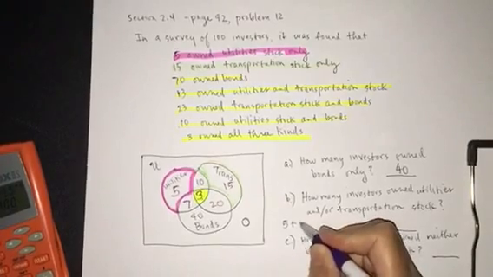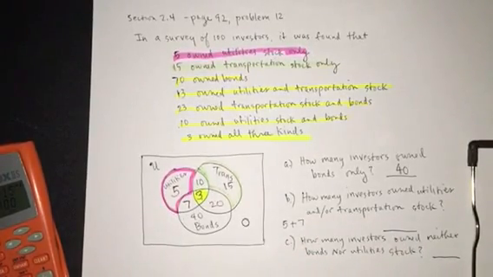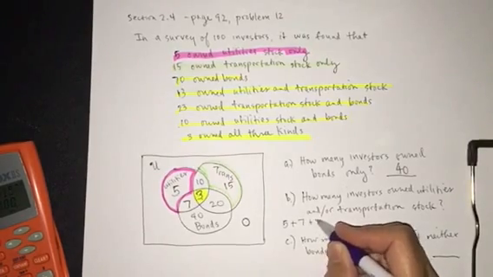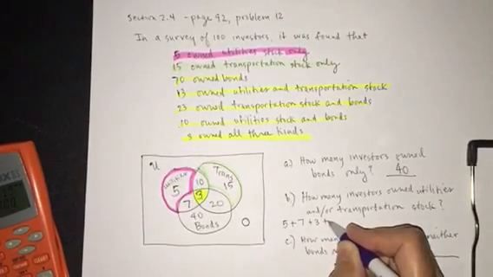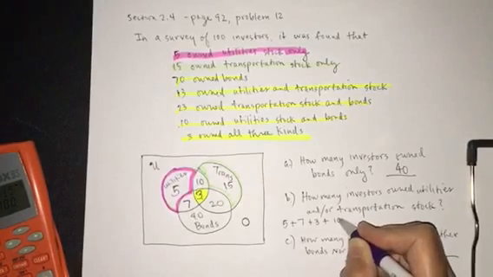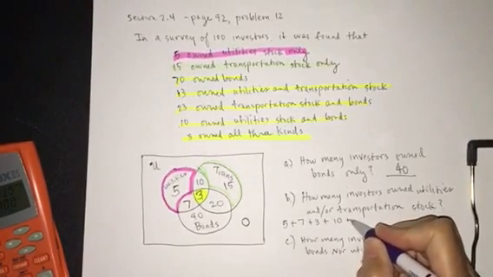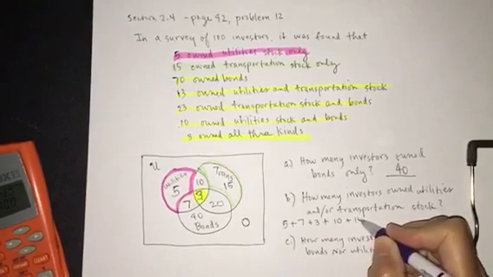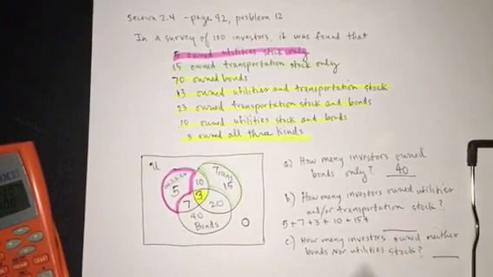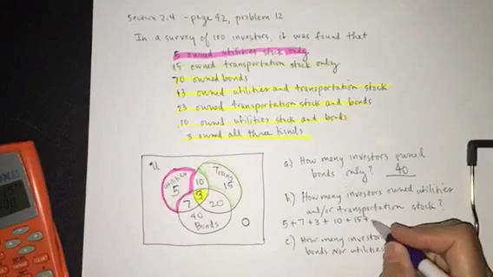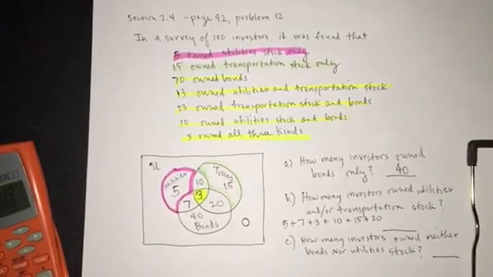I have the 7 who owned utilities and bonds, so they owned utilities. I have the 3 who owned all 3. I have the 10 people who owned utilities and transportation without bonds. I have 15 people who owned transportation only. And then we have 20 people who owned transportation and bonds, not utilities, but they had transportation.